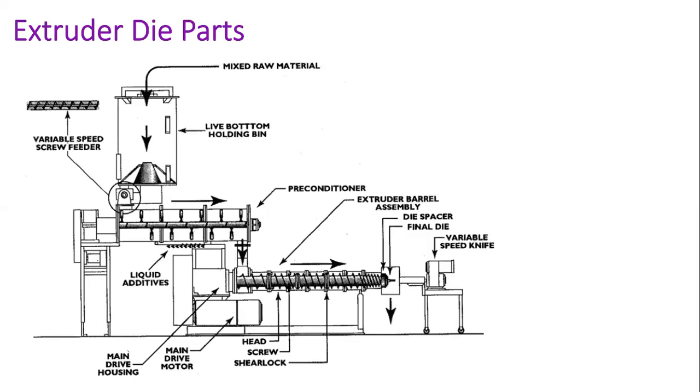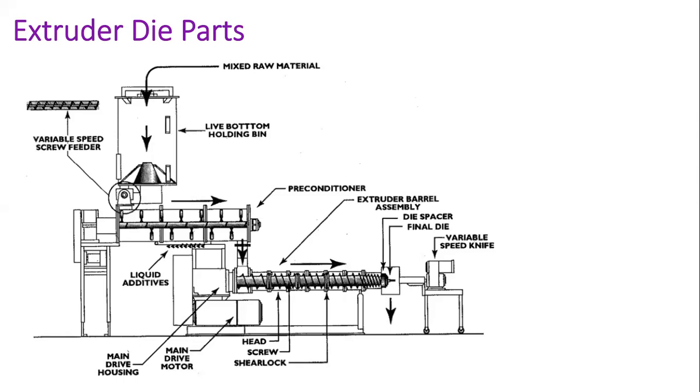Today we are going to discuss extruder dies. It is one of the very important parts of an extruder. The die is actually a very critical part. When we go back to the first lecture, we discussed the definition: what is food extrusion?